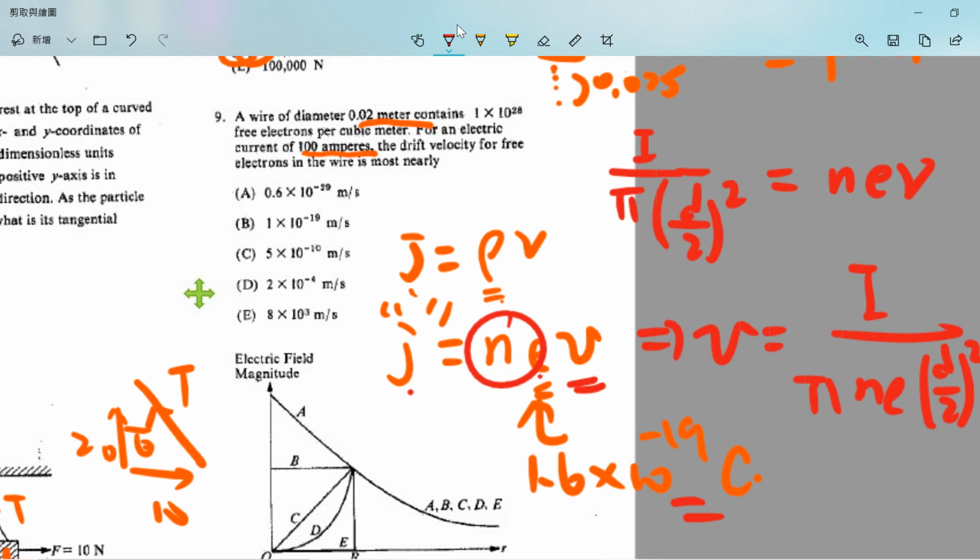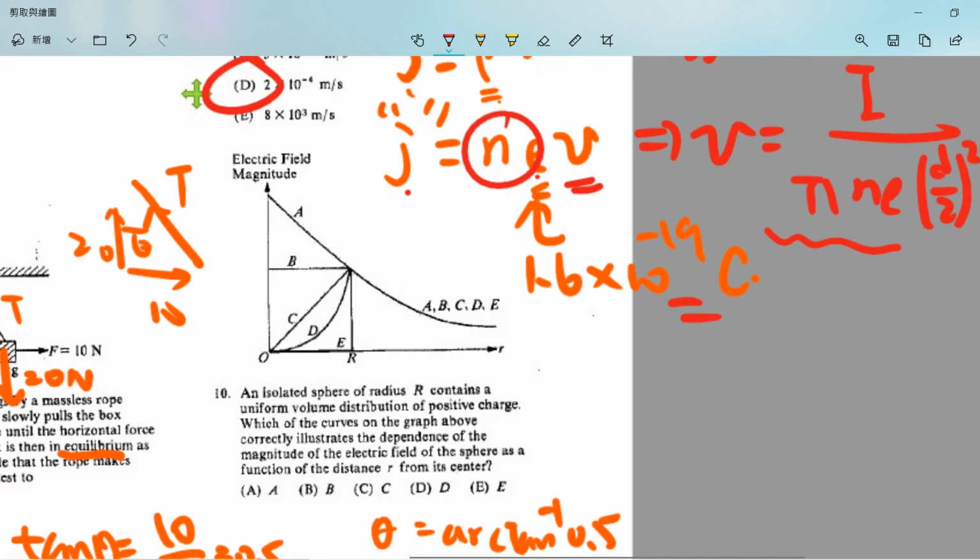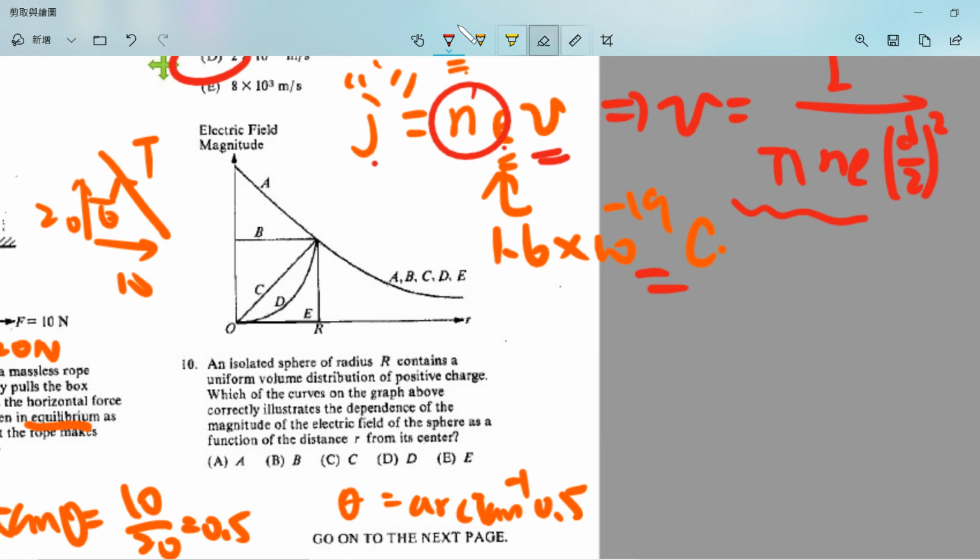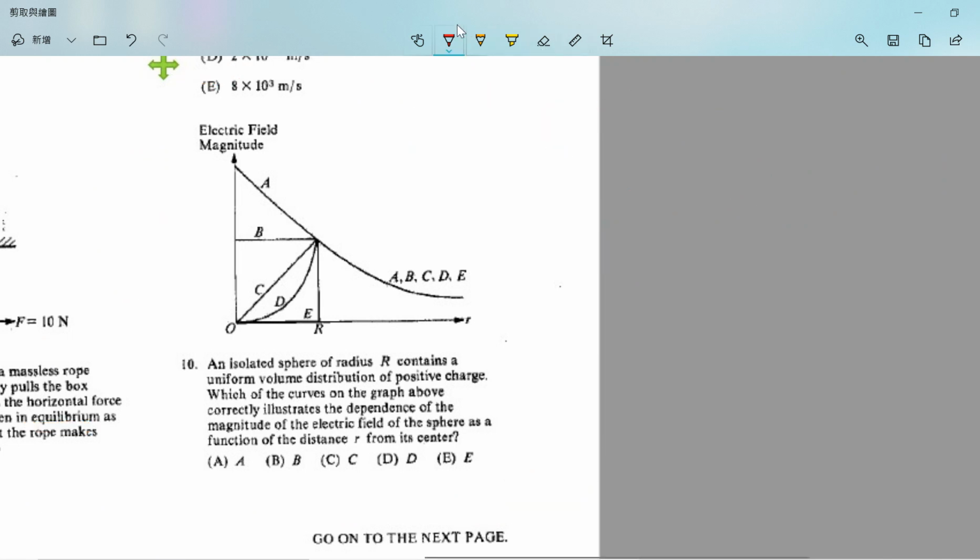Then you can see the answer should be D. There's no way you can guess the answer easily. You need to do this calculation. I think this calculation is straightforward, so I won't do it in the YouTube video.